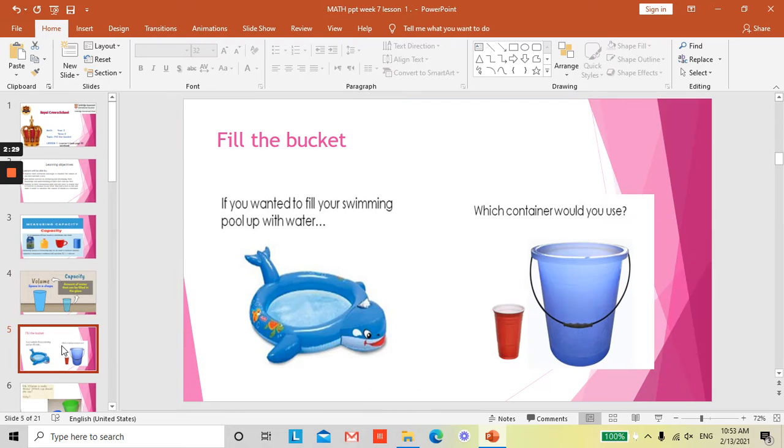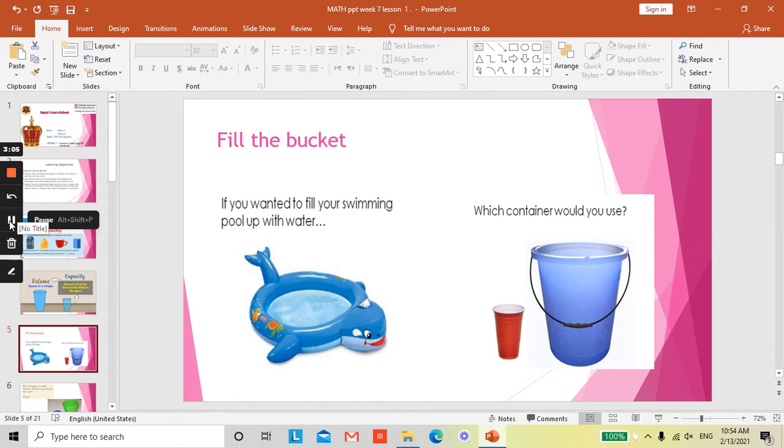Let's look at fill the bucket. This is our topic today. If you wanted to fill your swimming pool up with water, which container would you use? So we have 2 containers here, the red container and the blue container.